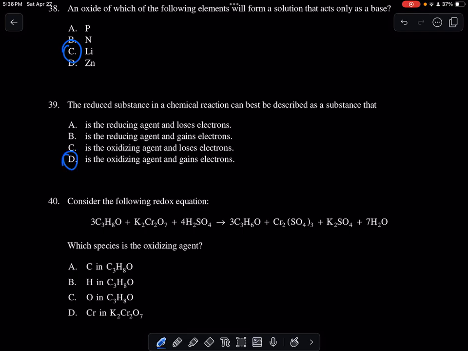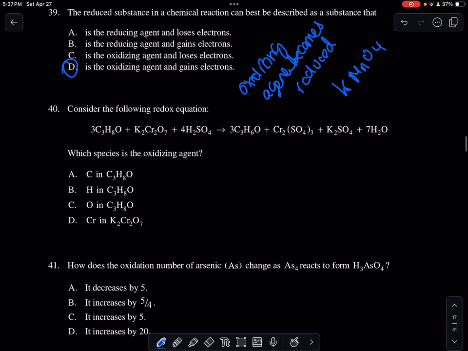If something else is being oxidized, then something else must be reduced. The oxidizing agent, the reason we call it an oxidizing agent is because it becomes reduced. A common example of that is potassium permanganate, which is a strong oxidizing agent.